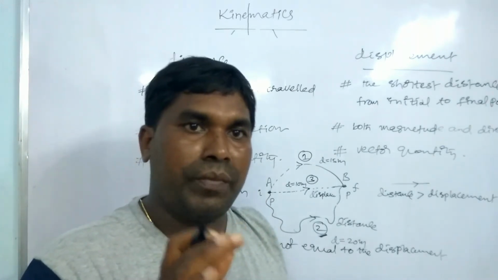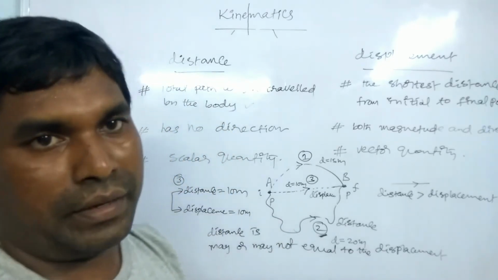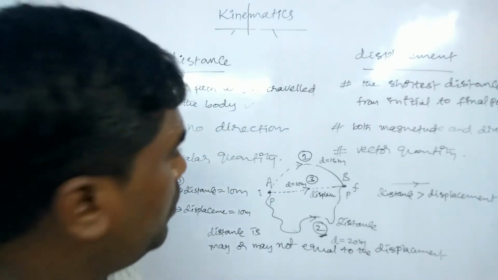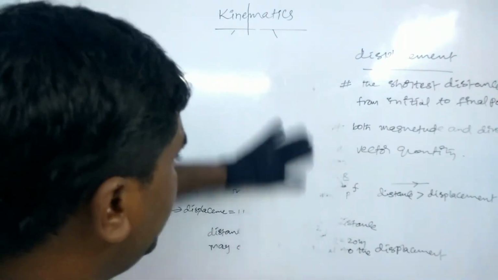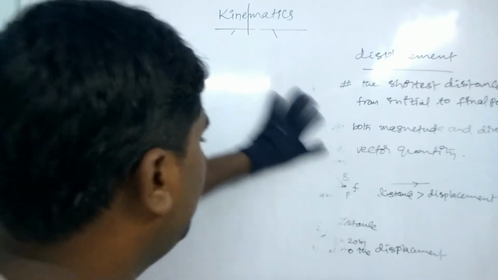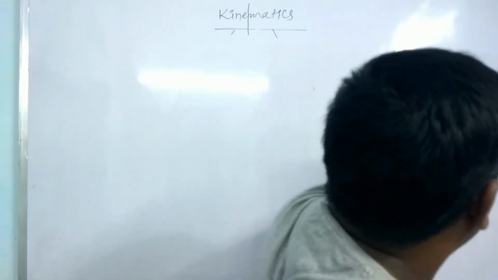So distance must be greater than or equal to the displacement of the particle. So let's see another example for a better understanding of the distance and the displacement of a body.